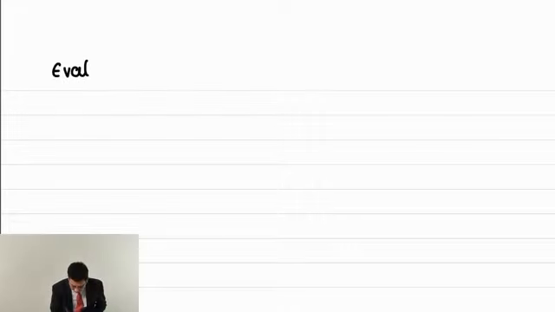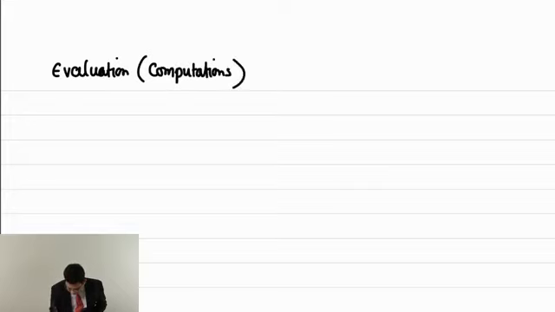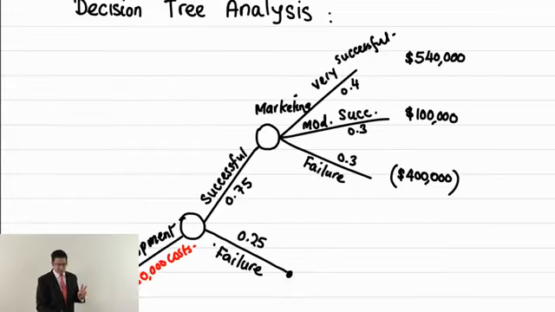Okay, let's do the evaluation, or you can call it computations of the decision tree. Okay, there are two ways to do it, completely your choice. Okay, for me both methods are the same, end up with the same answers, completely your choice, whichever is suitable for you. Okay.